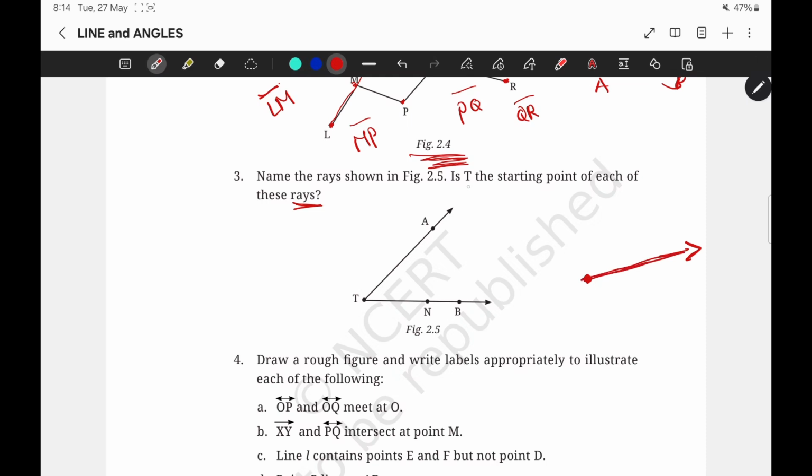T is the starting point of all these rays, right? We can also take A as a starting point because it's a ray, and N is also a starting point of a ray, and B too, but they asked whether T is the starting point of these rays. Yes.